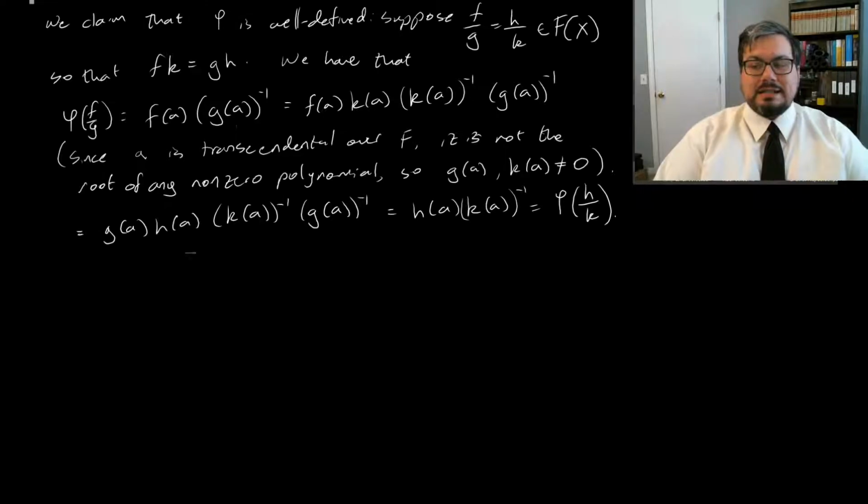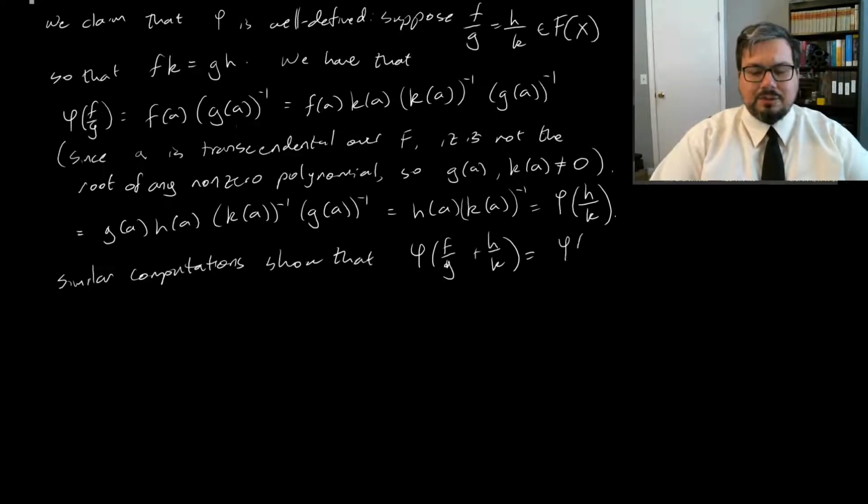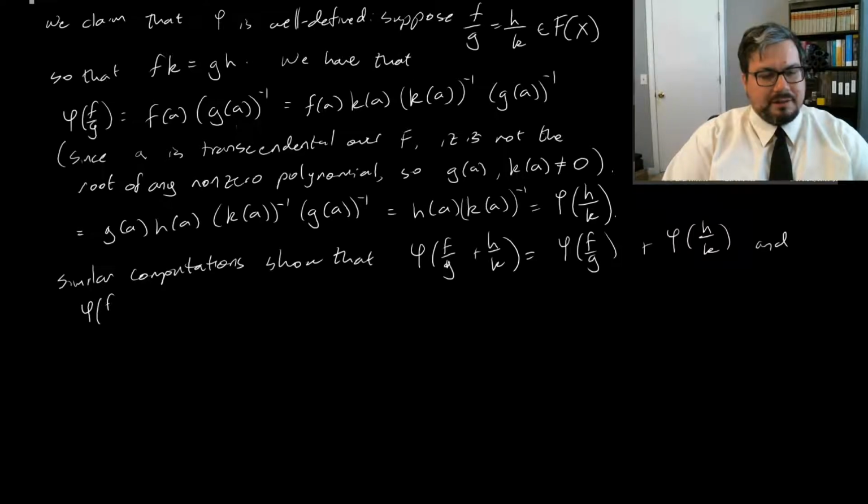We can use similar computations, actually even simpler ones, to show that phi of f over g plus h over k equals phi of f over g plus phi of h over k for any f, g, h, and k, and phi of f over g times h over k equals phi of f over g times phi of h over k.